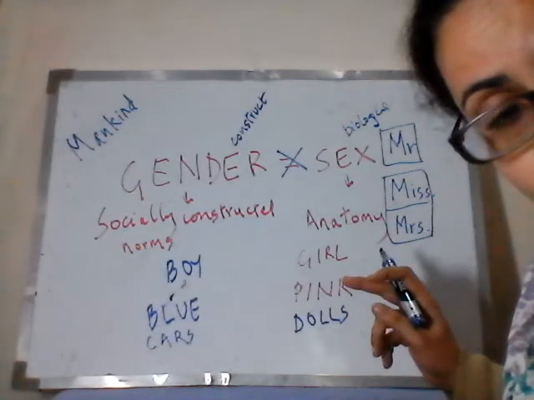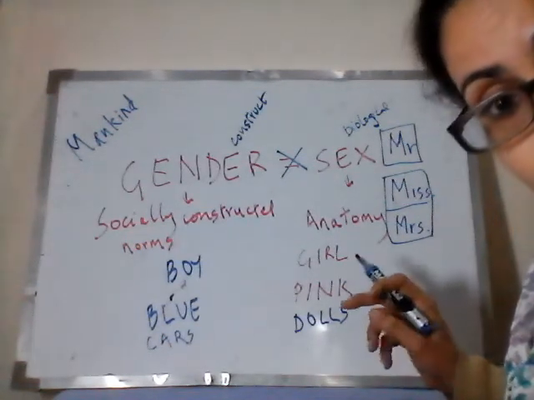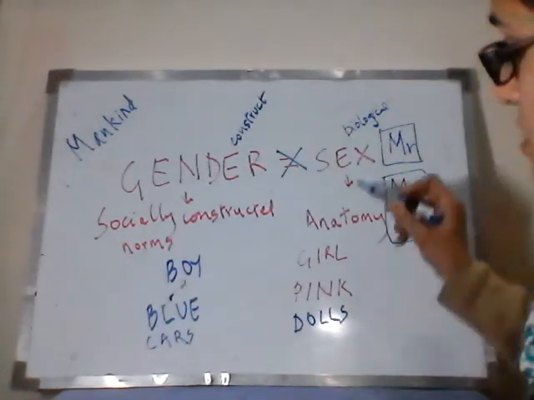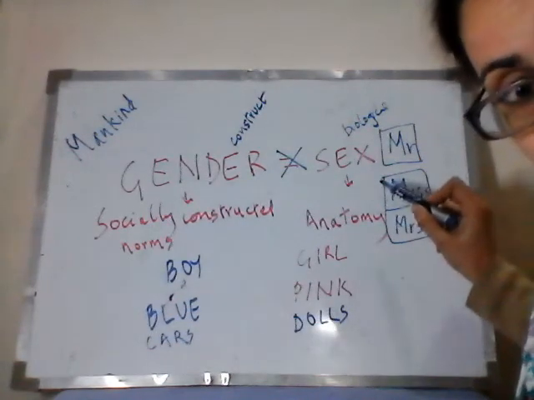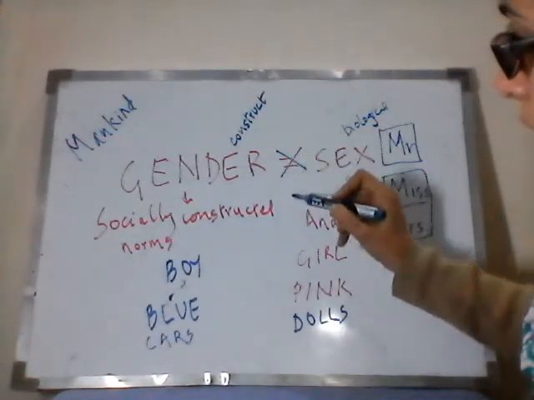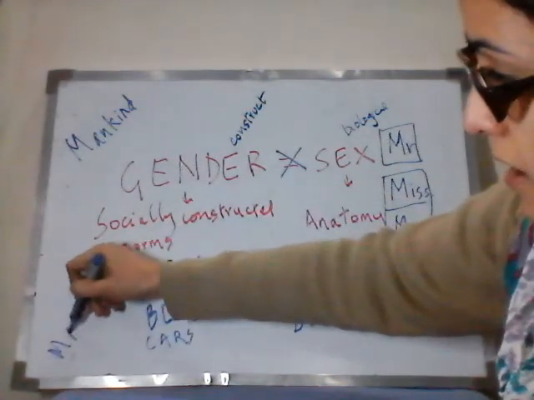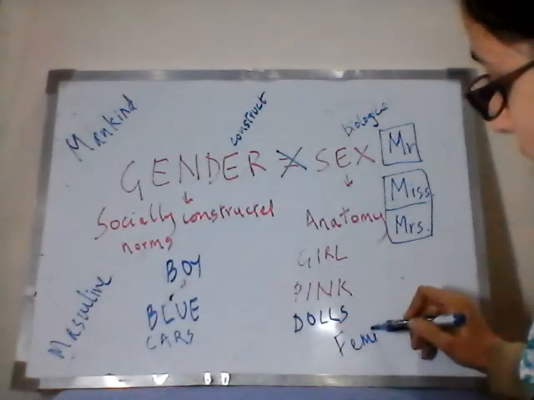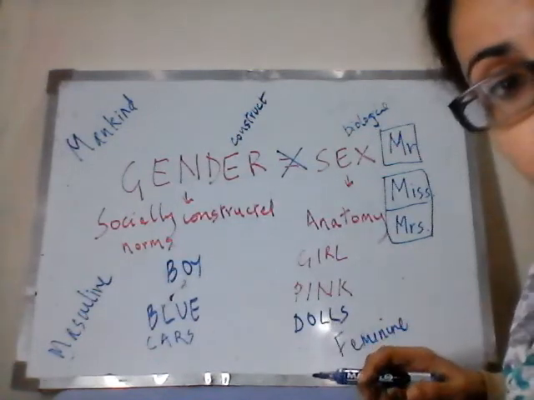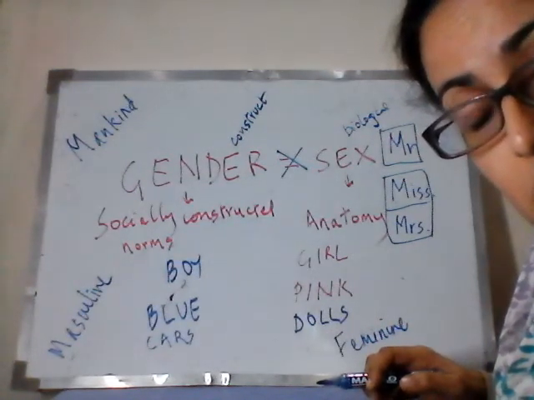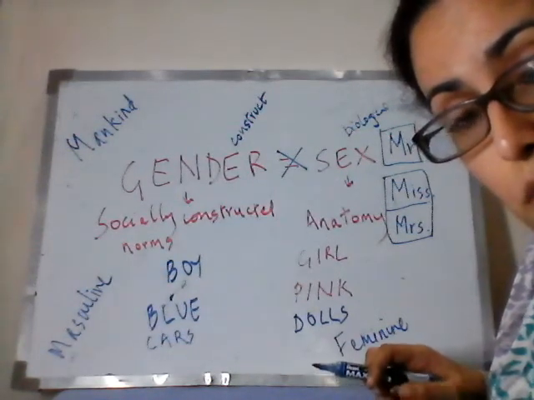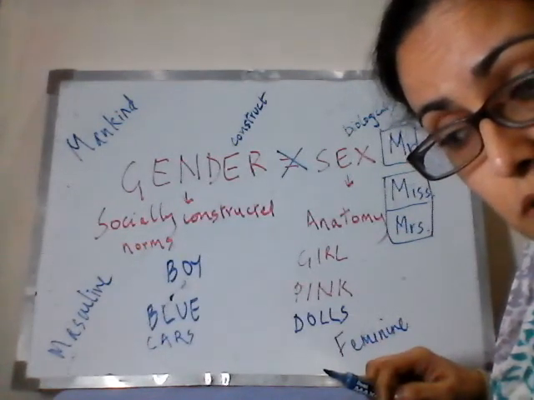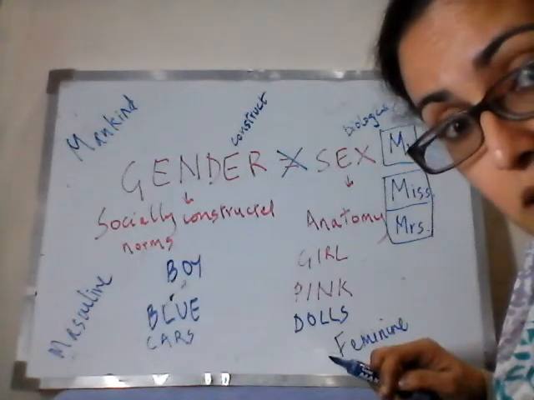People are pointing out this differential treatment, and it is not as if one is born with it. So what does gender do? As I told you, sex is about biological difference. Gender is about saying that men are masculine, whereas women are feminine. But these differences are imposed. The self-fulfilling prophecy of telling girls that you're meant to take care of the house, that the chores are meant to be done by girls alone.